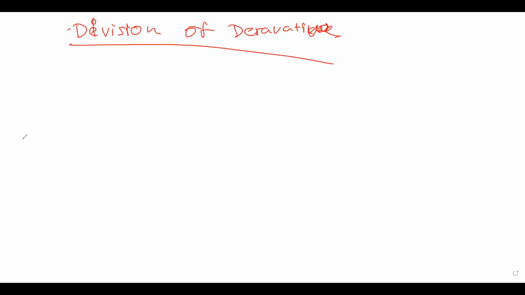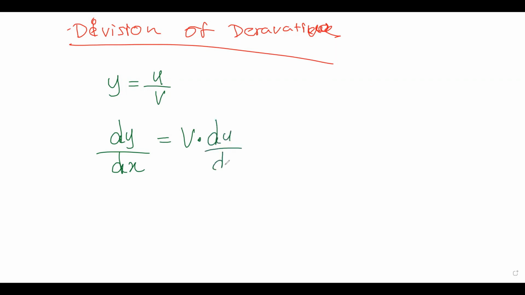You can write dy by dx equal to, first of all, write down the denominator v, and write the derivative of the numerator, du by dx.